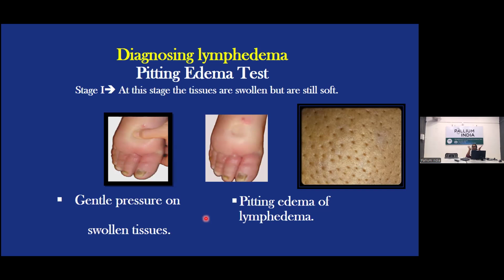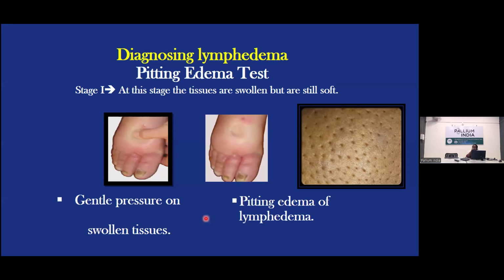Stage 1 looks like a pitting edema, like orange peel skin. If you apply finger pressure on that area, you can see your finger marks. That is stage 1 lymphedema.